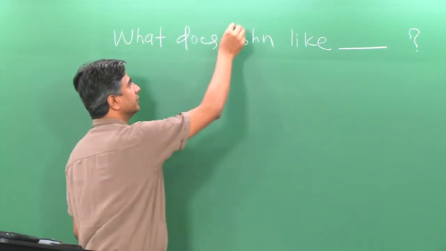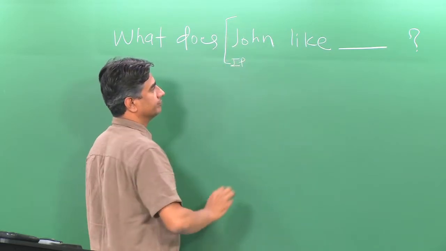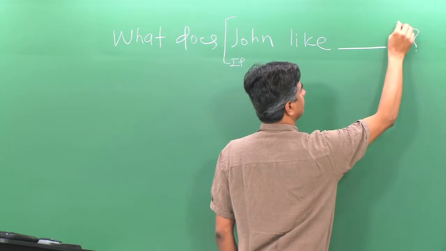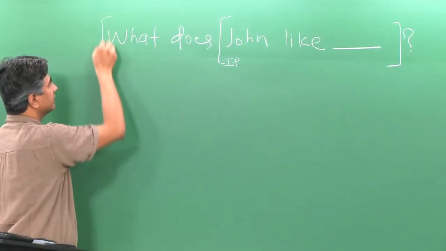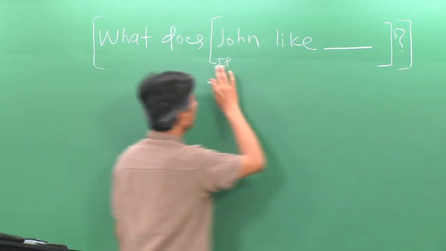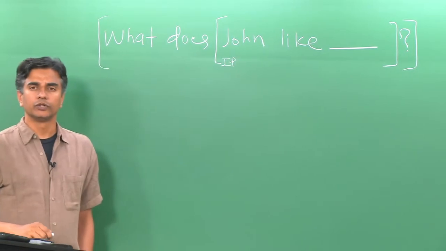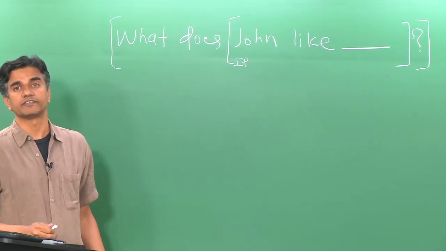Please keep in mind that this was our IP. And when we have this, it's certainly beyond IP. So how does this work? Where does this go in the structure that we have seen so far?